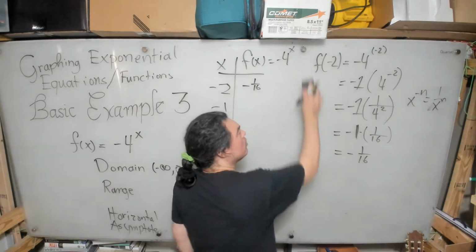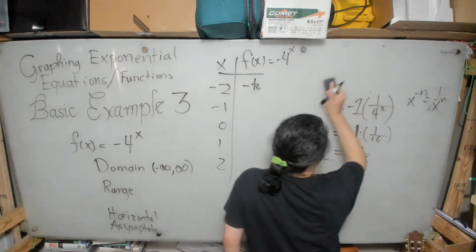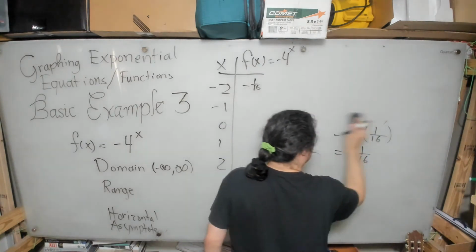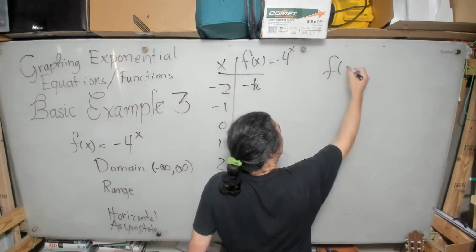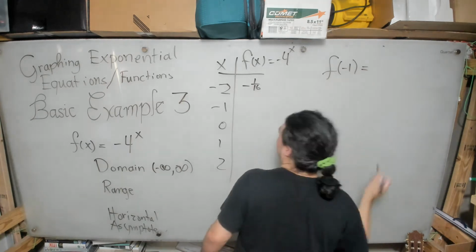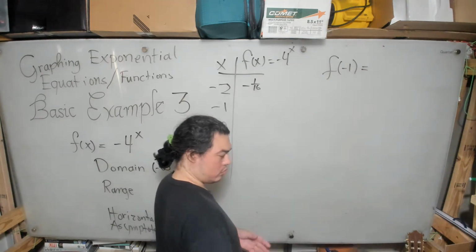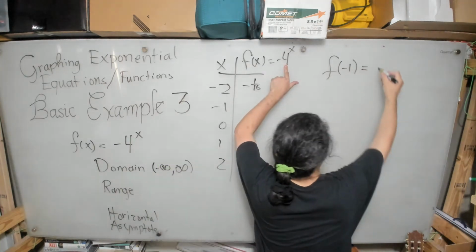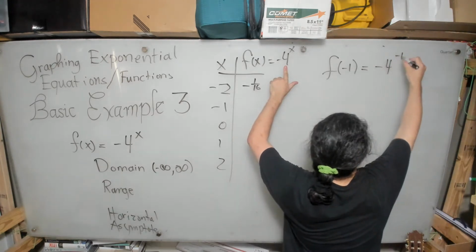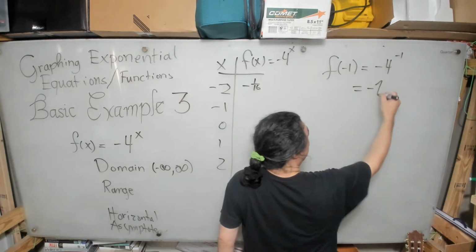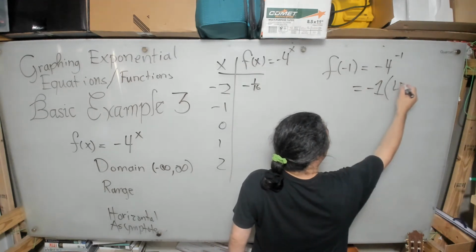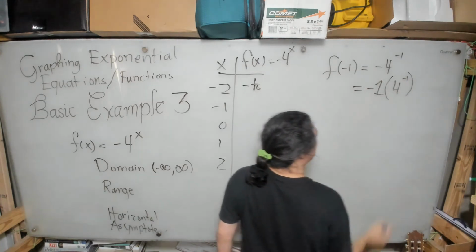So now we're going to calculate f of -1. My f of -1 is going to equal -4 to the -1 power. That's going to equal -1 times 4 to the -1 power.